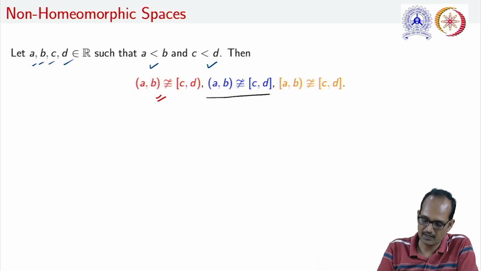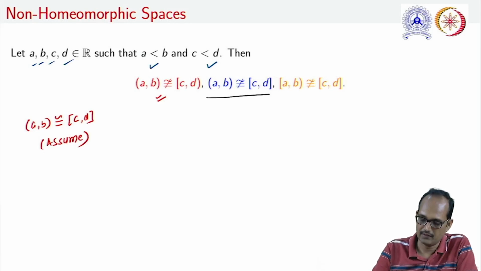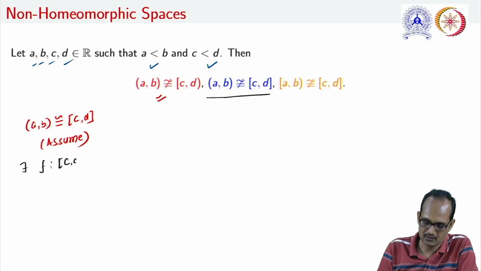Again, if we assume that this open interval (a, b) is homeomorphic to this closed interval [c, d], let us assume it, and if it is so, then there exists a homeomorphism f from this closed interval [c, d] to this open interval (a, b). This f is a homeomorphism.